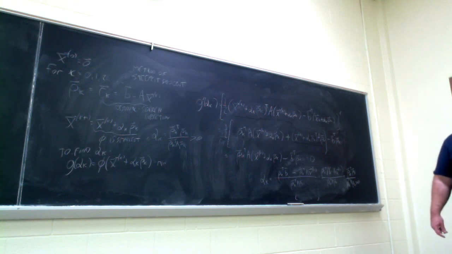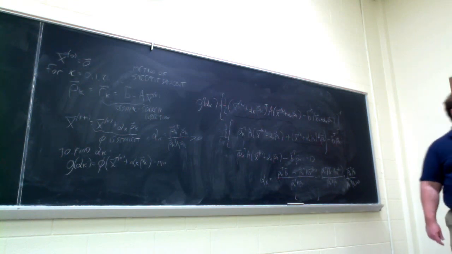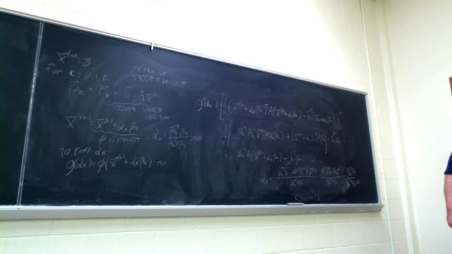Is this analogous to Newton's method? It seems a little bit like Newton's method, like when you divide by the derivative. Yeah, you probably could draw some parallels. Newton's method is often used to find minimum of functions because it's a root finding method, and you're finding the root of a derivative, or in this case, a gradient.